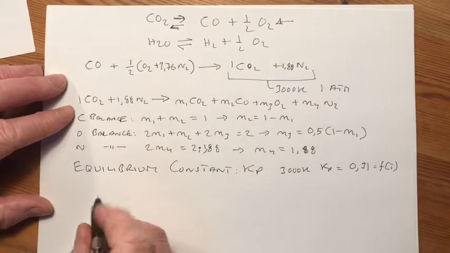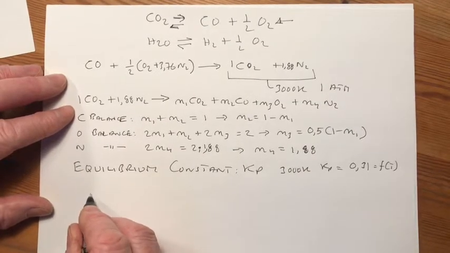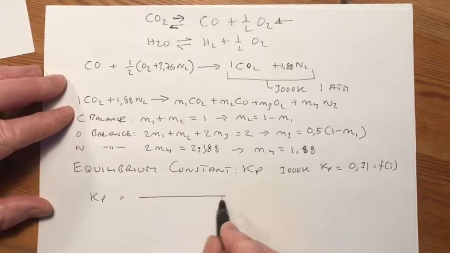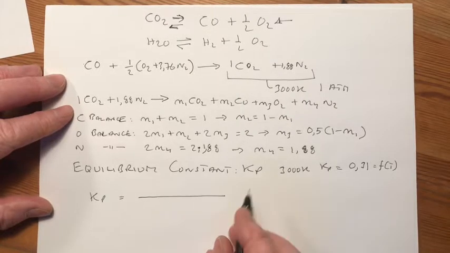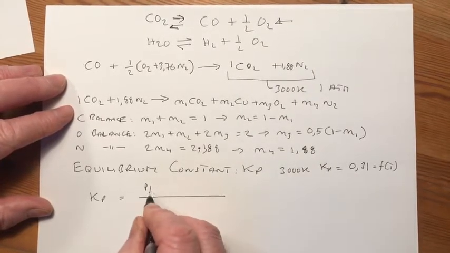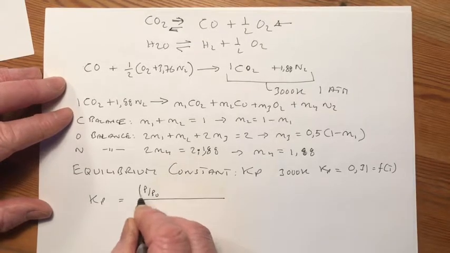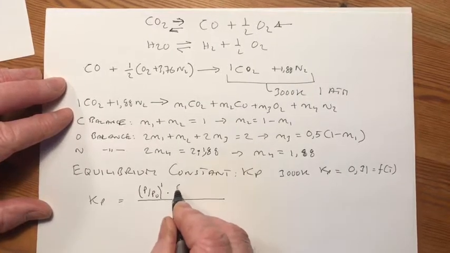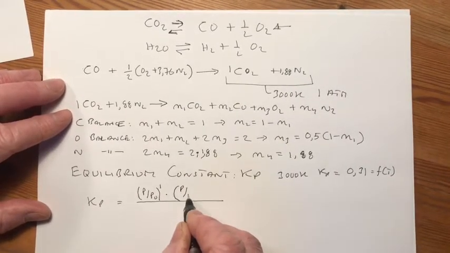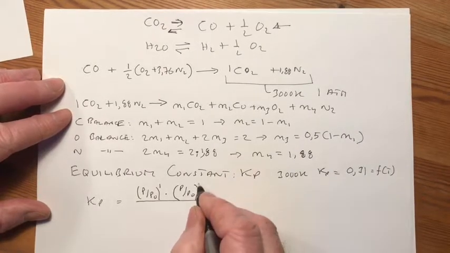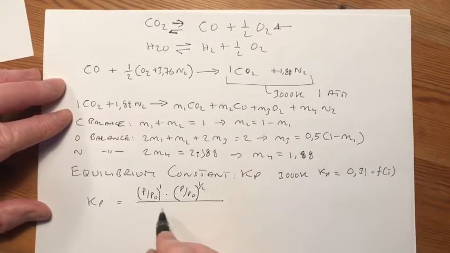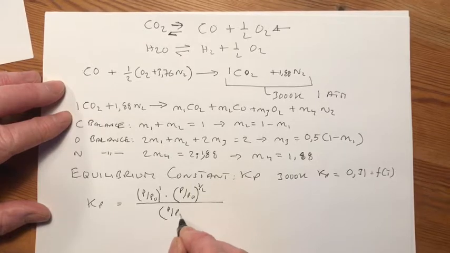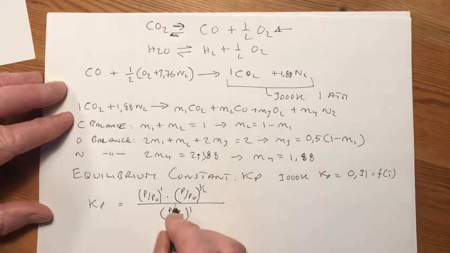Now, the expression for Kp. These are ideal gases, so the expression is equal to P over P0 raised to a coefficient of 1, multiplied by P over P0 raised to a coefficient of 1 over 2, divided by P over P0 raised to a coefficient of 1.